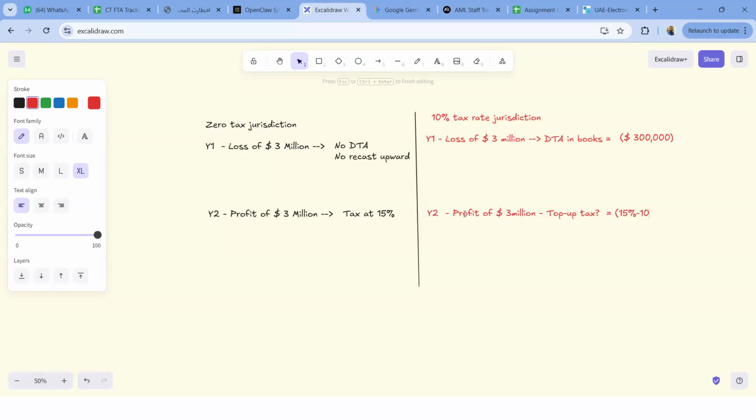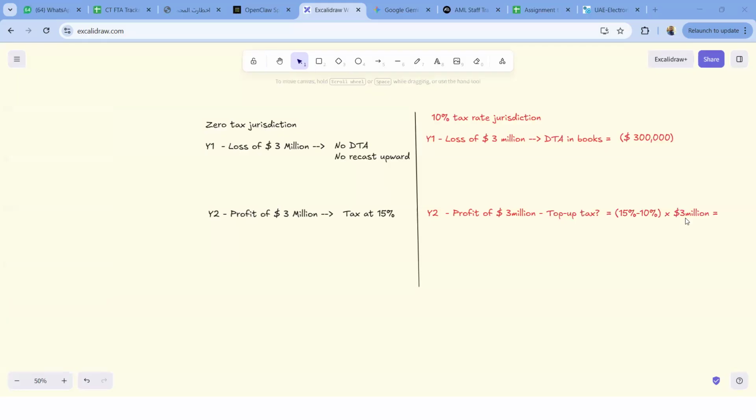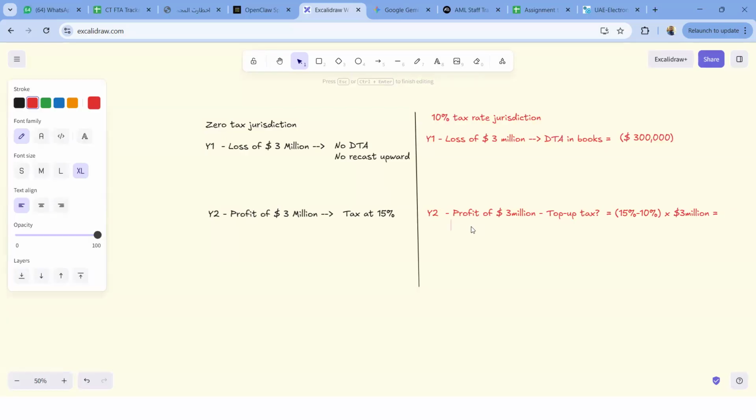Sorry, 10%, into 3 million, right? So this would be 150,000, correct? Absolutely. So $150,000 would be my top up tax.